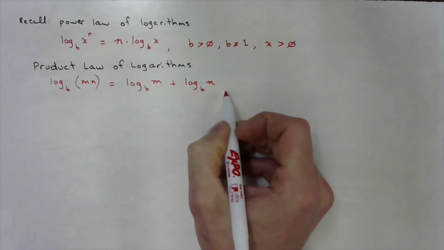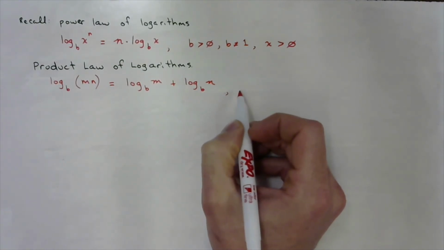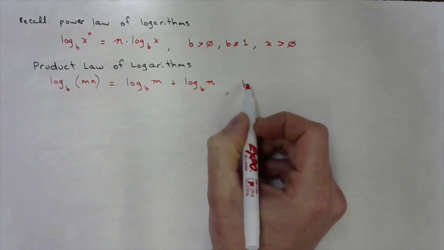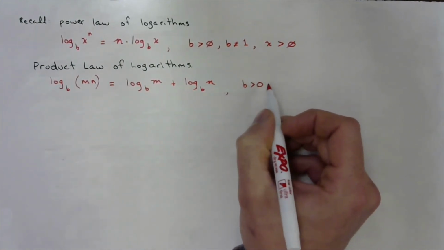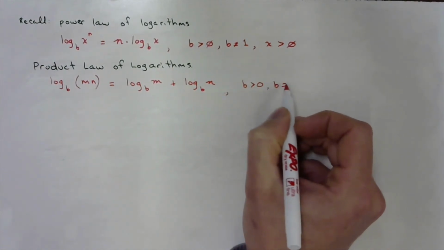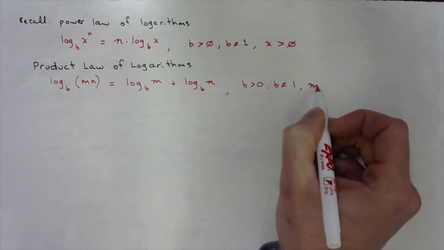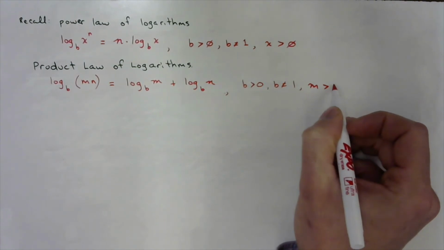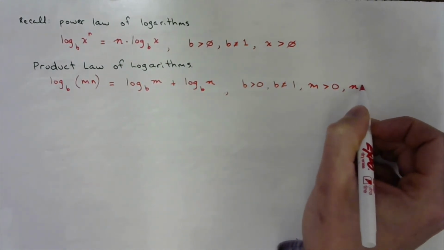And similar restrictions apply. This only is true for b greater than 0, b cannot equal 1, and m and n are both greater than 0.